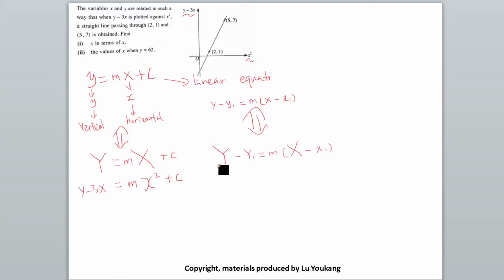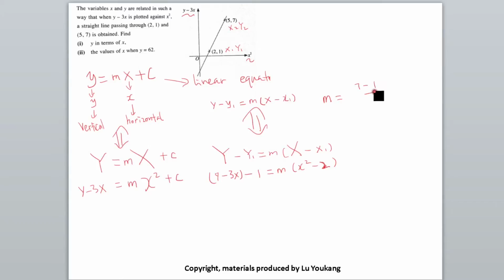And we just need to take one pair of coordinates. Our vertical axis is y minus 3x. So let's take (2, 1) to be our x1, y1. So our y1 is 1, therefore, Y minus 1 equals m bracket, our big X is x squared, minus our x1 here is 2. Therefore, you form this equation.